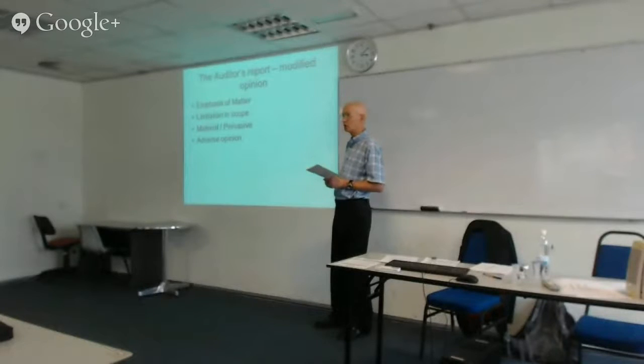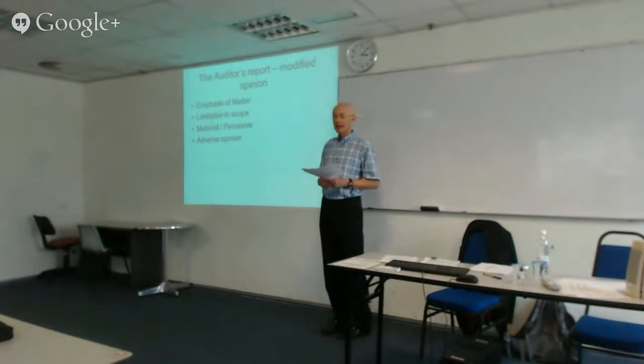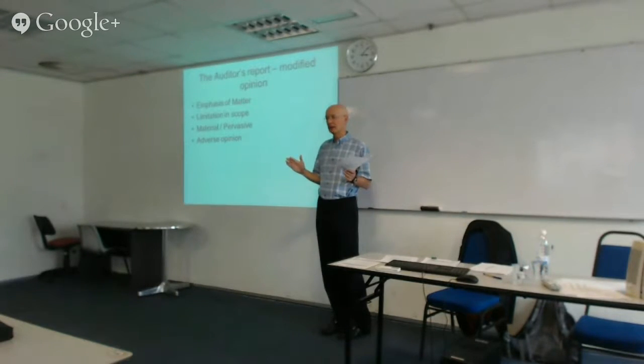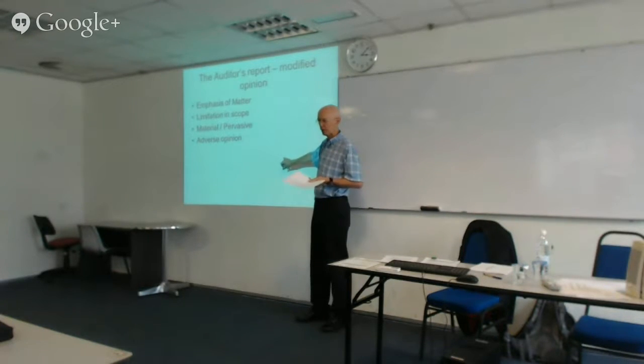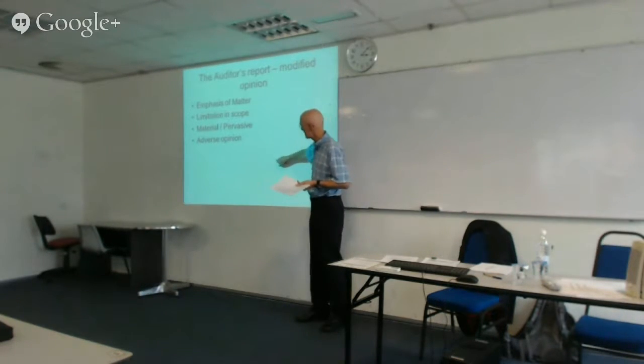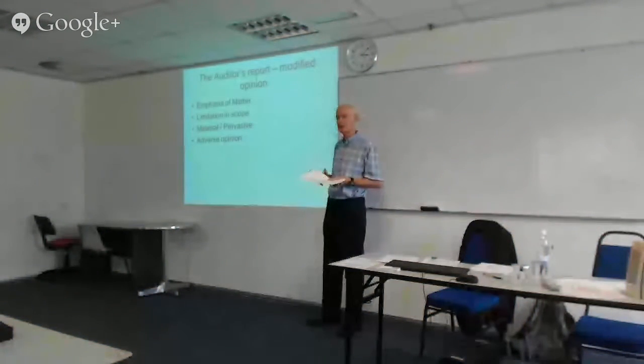And the question, therefore, is what is it we don't agree with? Is it something which is so fundamental it means the whole of the accounts are, in our view, wrong? Or are we saying, this number you've got is 47, we think it should be 37, but whilst it's significant to the accounts, it doesn't have an impact across the accounts as a whole.